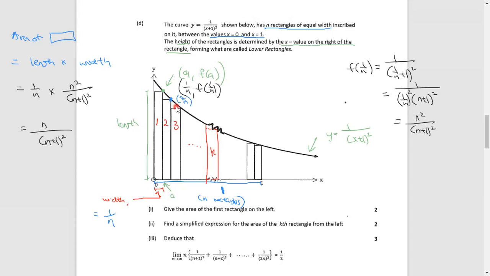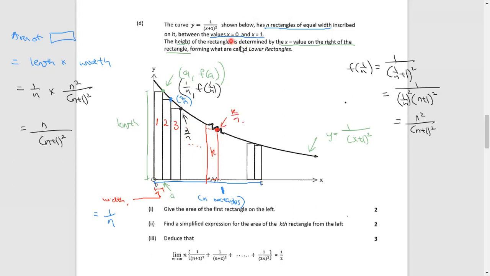And the third one will be based on 3 over n. So if the first one's based on 1 over n, and the second one is based on another 1 over n across, bringing it to 2 over n, and the third one's based on another 1 over n across, being 3 over n, it would make sense that the kth one is going to be based off k over n.